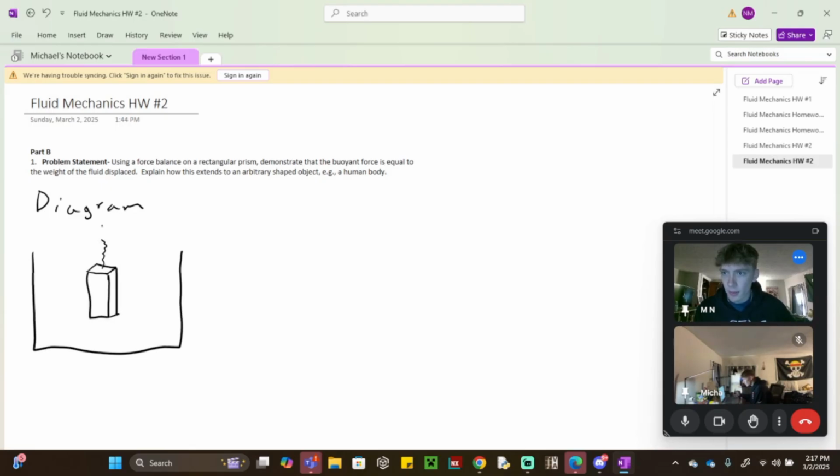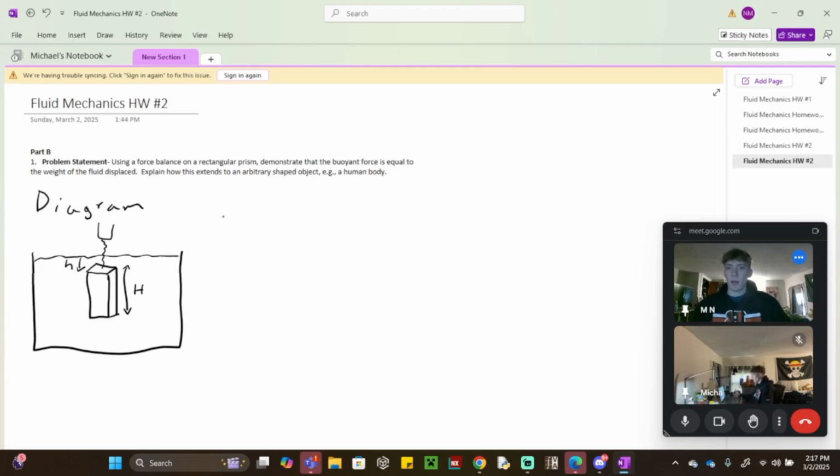It's connected to a rope, and it is fully submerged in a liquid, or a fluid, sorry. And we're going to give our rectangular prism a height of big H, and it will be at a depth of small h down.